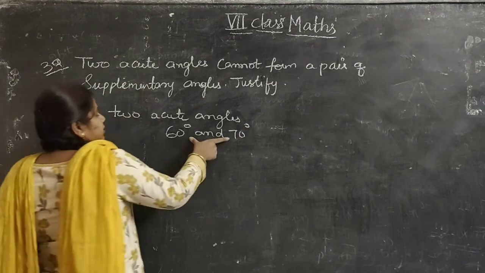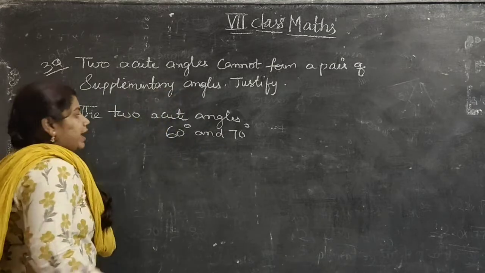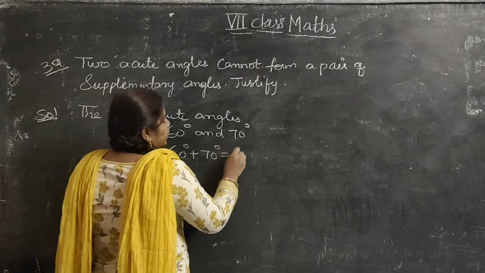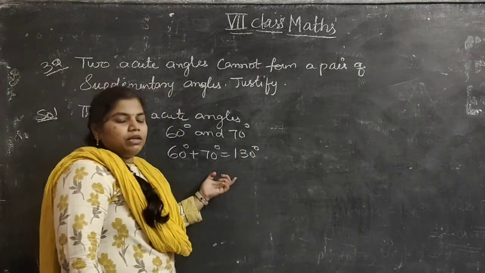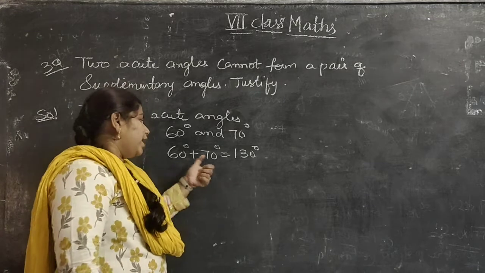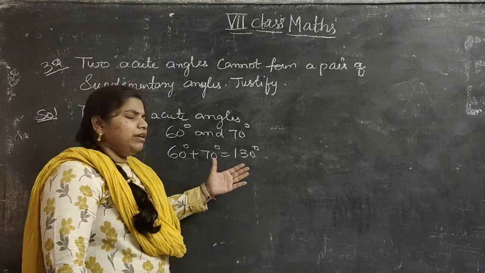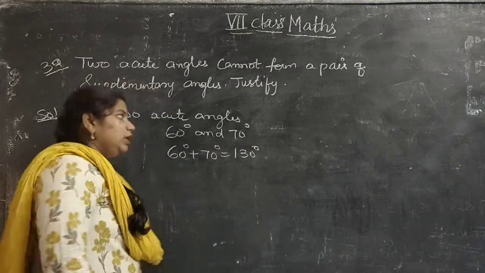If you take two acute angles and add them, that will not form supplementary angles. So 60 degrees plus 70 degrees is equal to 130 degrees. So it is not forming a supplementary angle. What do you mean by supplementary? If you add any two angles, the sum should be equal to 180. If you add any two acute angles, it will always be less than 180 only.